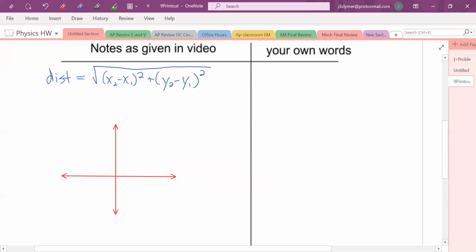This would be our x-axis over here, this would be our y-axis, and we have 2 points somewhere in the plane. We have 1 point over here somewhere, and 1 point over here somewhere. Where the points are doesn't matter. The points could be anywhere as long as you have 2 points. And what the distance formula gives us is literally the distance between these 2 points.